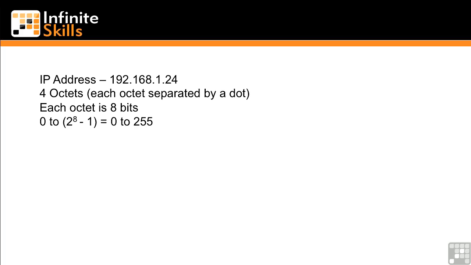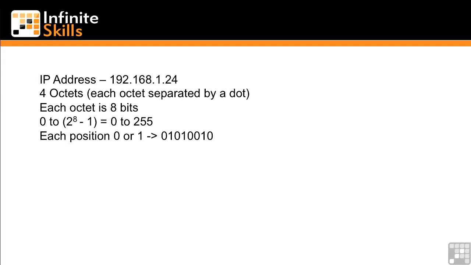So the 192 place, the first octet that you see, that number can be a value from 0 to 255, because that's what you can represent with 8 bits. Since 2 to the 8 is 256, and we have to start from 0, so the case where there are all zeros in the 8 bits, you can get values from 0 to 255 in each position, and that gives us 256 values.